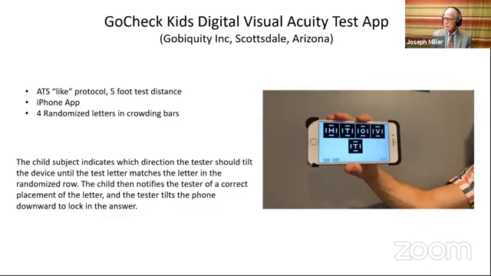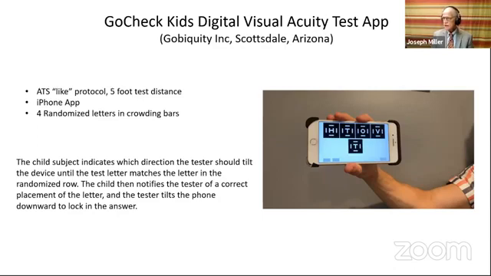It's an iPhone app, and what is happening with this is that within the app, a line of randomized order H, O, T, and V is presented on the top of the app display, and then underneath it is a progressively scaling smaller one of four letters.